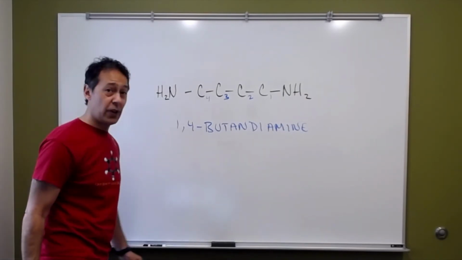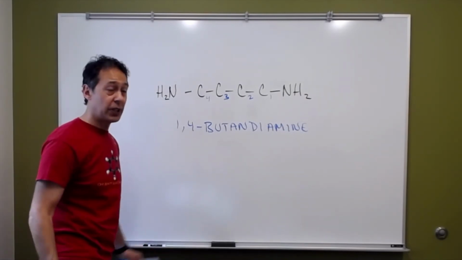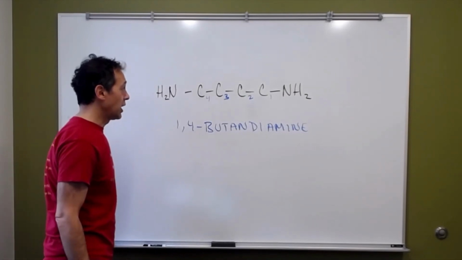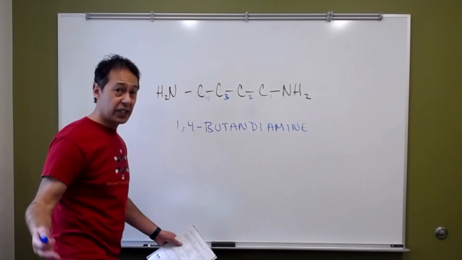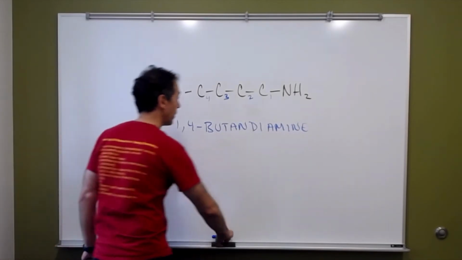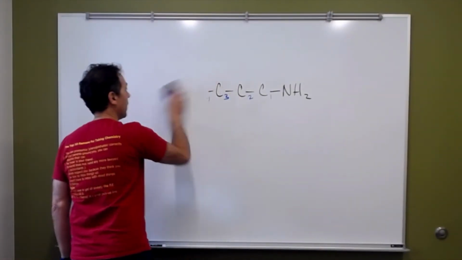So what happens if you have a secondary amine, with multiple different substituents coming off of that nitrogen atom? Let's take a look at that.